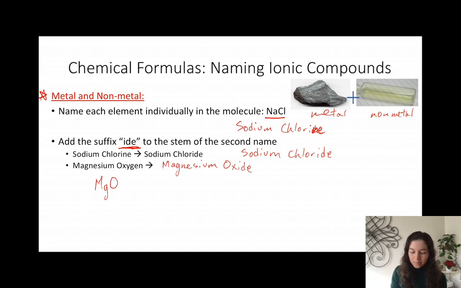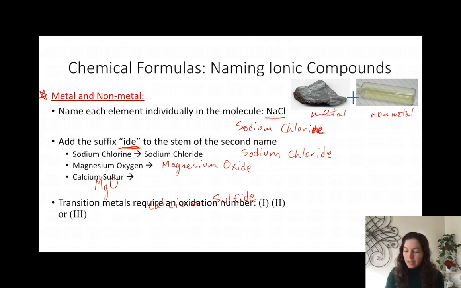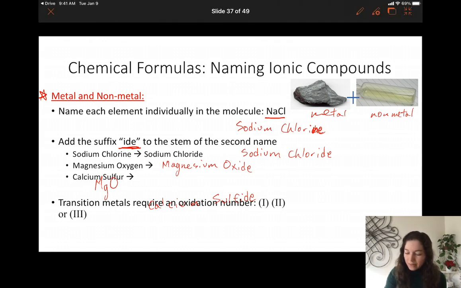Here's another example, calcium and sulfur. We put these together, calcium, sulfur. Instead of sulfur, we go sulfide. Calcium sulfide. Simple enough. Now things can get a little bit complex every now and then. So hopefully you have that calcium sulfide written down.